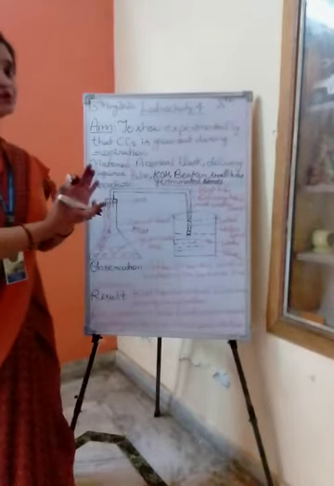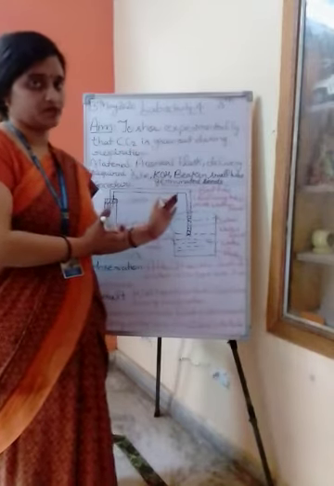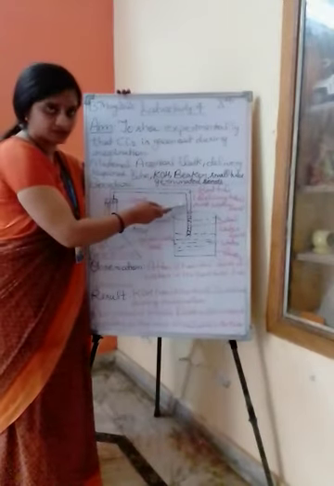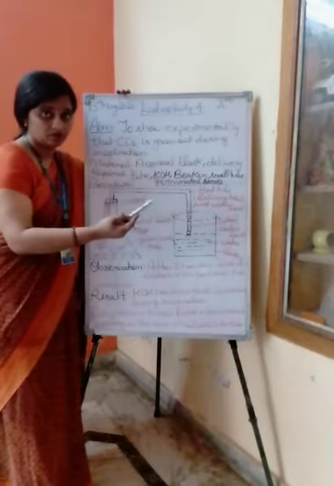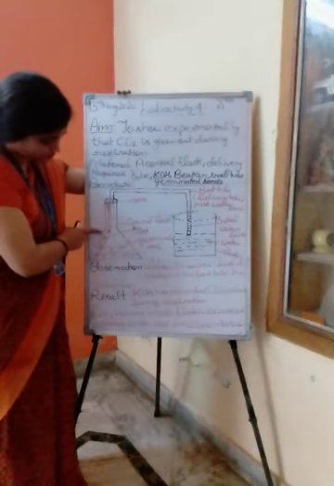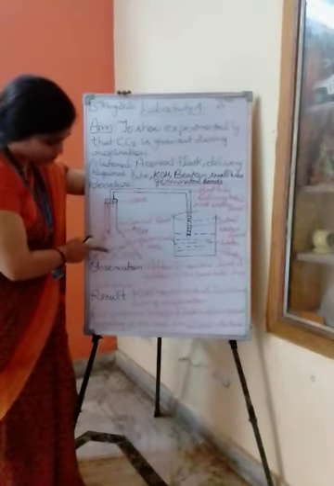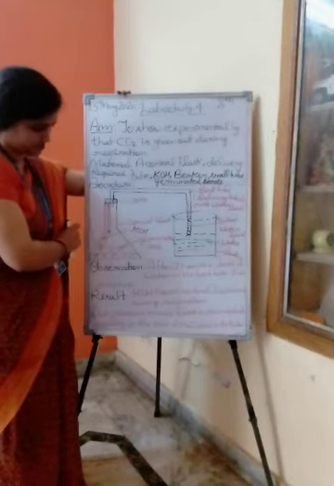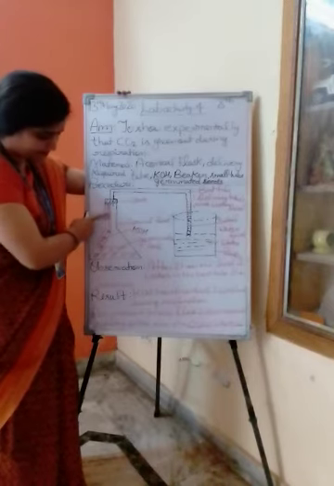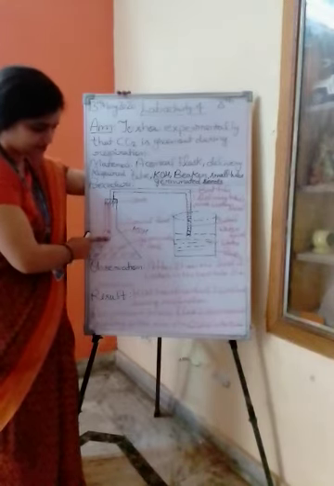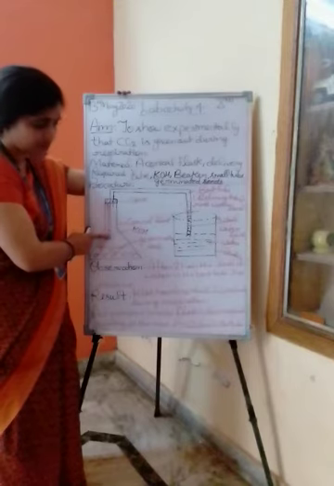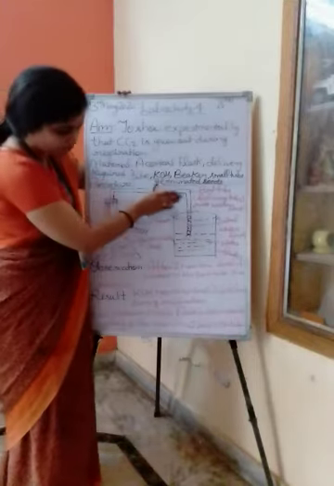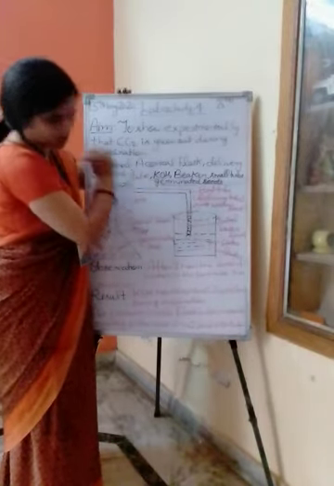Now, why does the water level rise? KOH has absorbed the CO2 released during respiration. Now the air pressure inside the conical flask is decreased, resulting in the rise of water level in the tube.